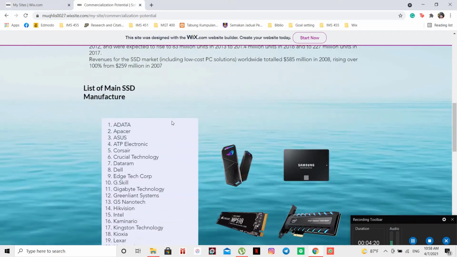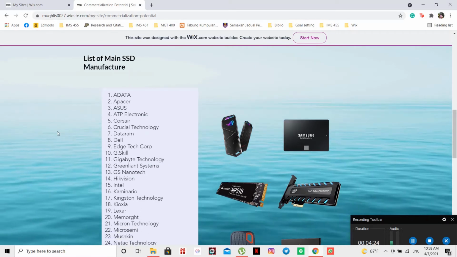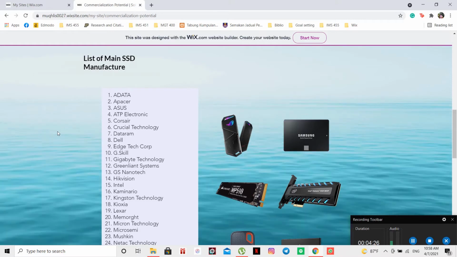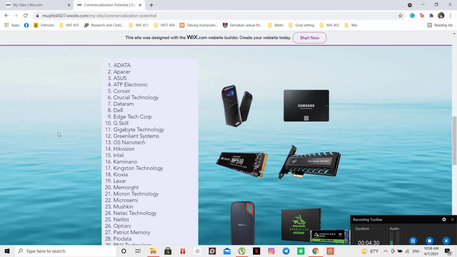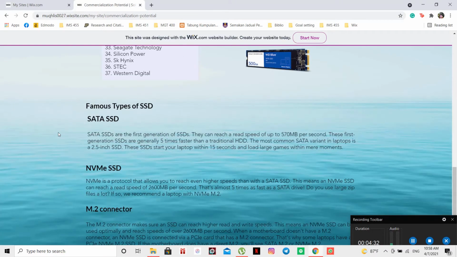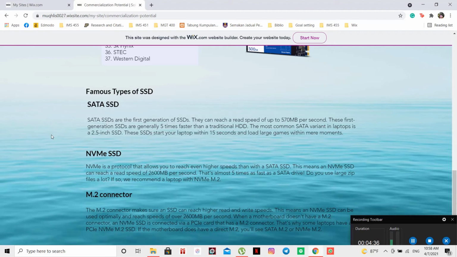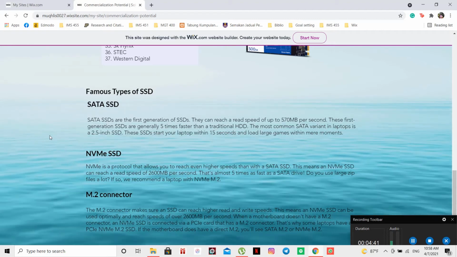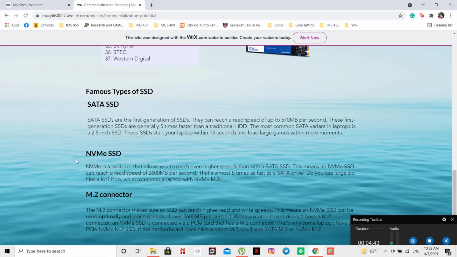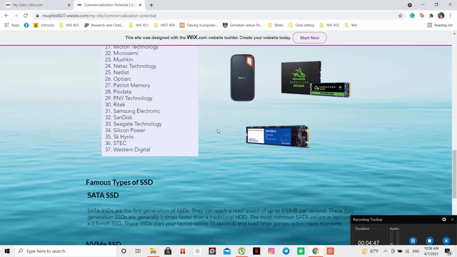This is the list of main SSD manufacturers: Adata, Acer, Asus, ADP, Corsair, Crucial Technology, and many more. Then we have the famous types of SSDs, meaning what people nowadays use due to their high performance. So we have SATA, NVMe, M.2, and PCIe.